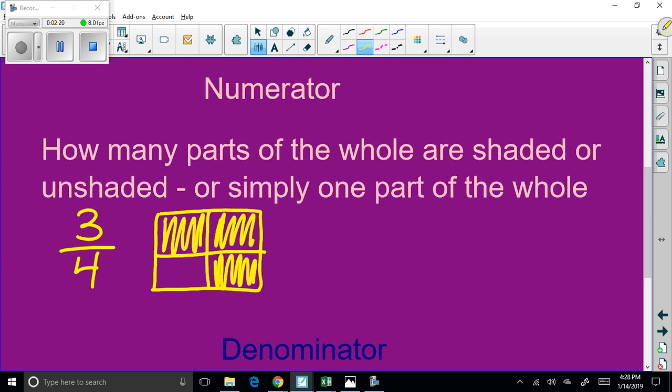Just like this picture represents 3/4 because 3 are shaded, if the question was how many are not shaded, then my answer would be 1/4. One piece out of all 4 is not shaded in. But at any rate, we're talking about the top number, what's shaded or unshaded.